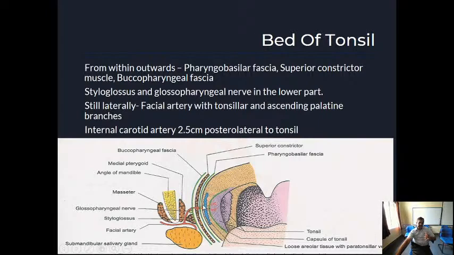Then it can go laterally, through the pharyngobasilar fascia, the lymphatics, and through the constrictor muscle into the parapharyngeal space. So parapharyngeal abscess is the other complication of acute tonsillitis. And of course, as I told you, it is also in connection posteriorly with the retropharyngeal space. So this is the bed of the tonsil. This is important for you.